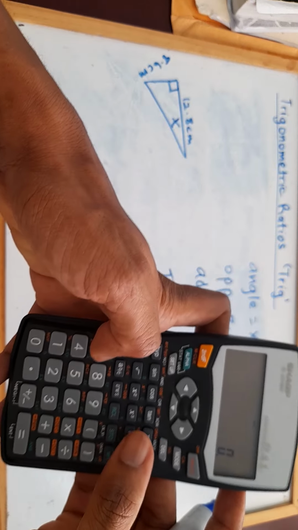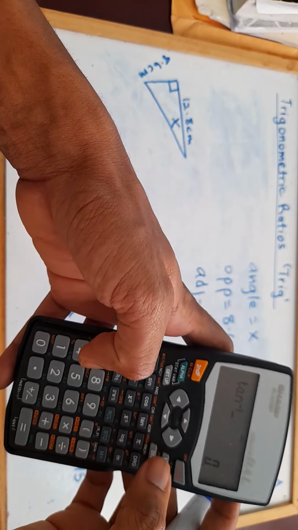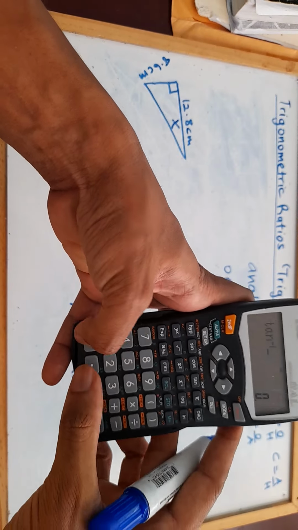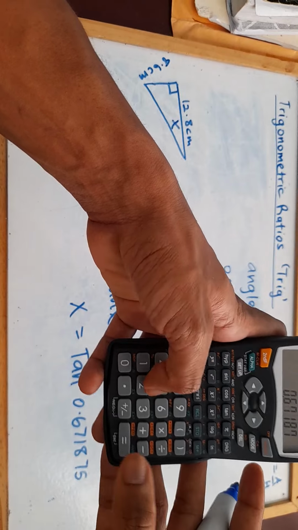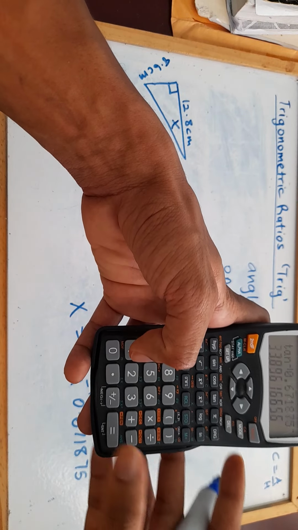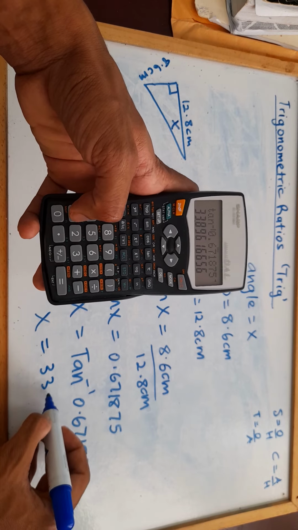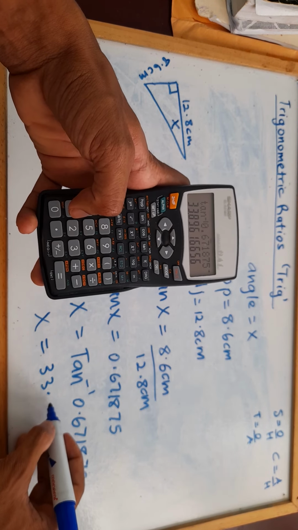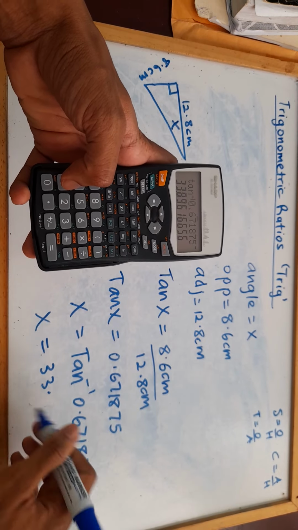And just like cos and sine, the tan inverse is located above here. So tan inverse, let me just put in our value, 0.671875, and therefore we get x is equal to 33.9 degrees.